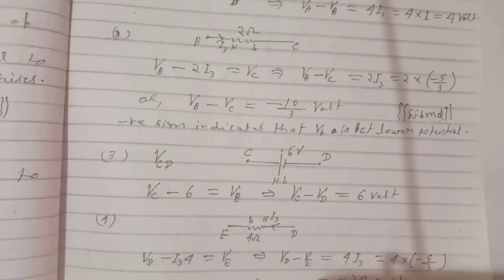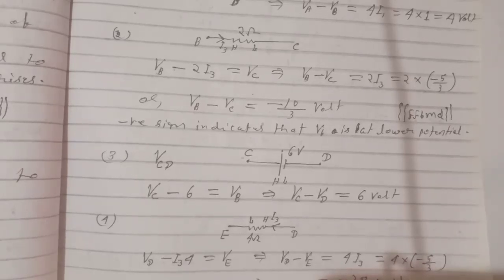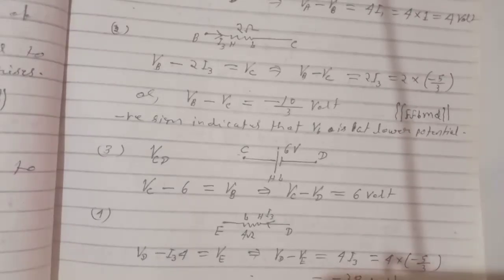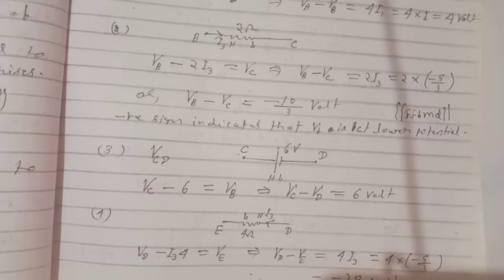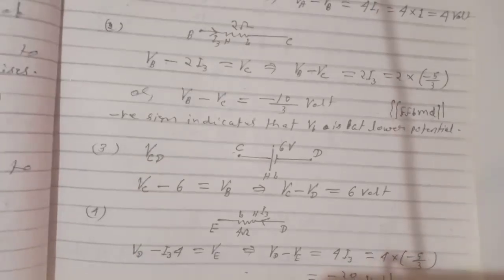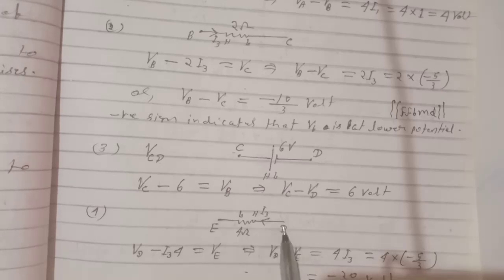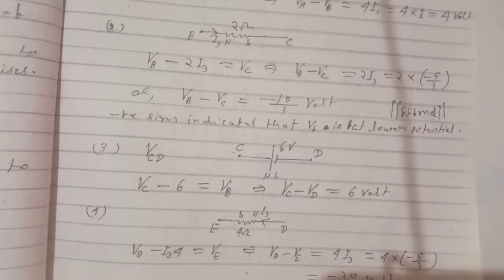Again here negative value shows that our assumed potential will be opposite, that is opposite to assumed value. For example, in this case, because the VD minus VE has come negative, so VD will be at lower potential and E will be at a higher potential.